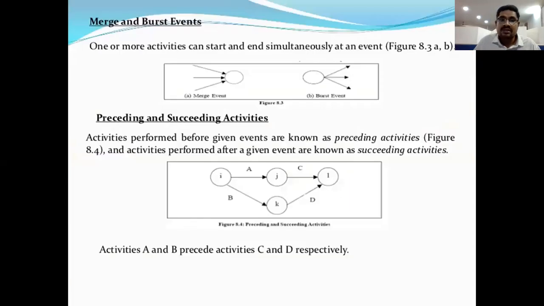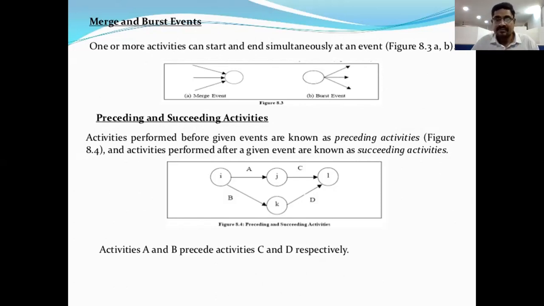So already we discussed merge events and burst events. A, B, C, these three activities, for example, lead into this D activity. So this is a merge event. Burst means suppose this node is A, and B, C, D are three activities that all start from this A. This type of diagram is called a burst event, right?